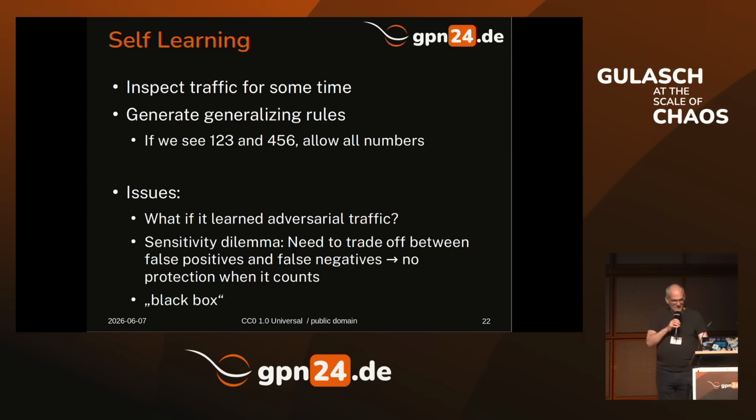But what if you trained on adversarial traffic? Who tells you that you have not already seen the bad traffic when you trained the thing? And then also there's this sensitivity dilemma, because it's also blurry. You kind of have a big slider that you turn more to negative and more to positive.